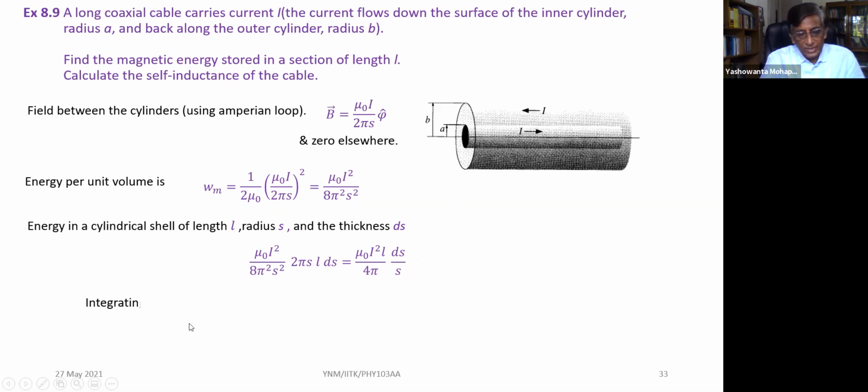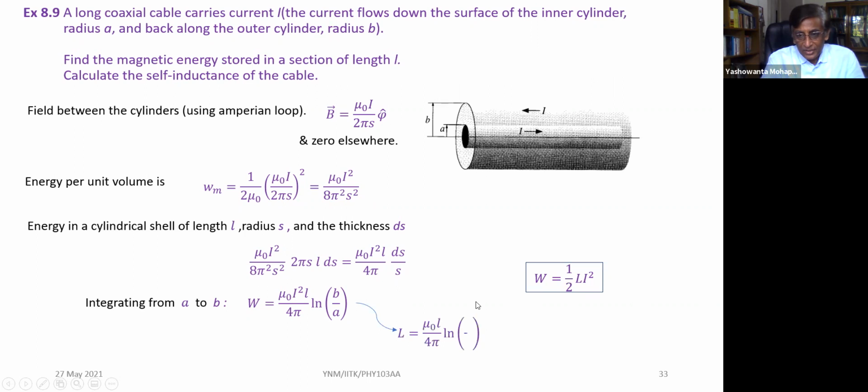Integrating from A to B, I get W is mu naught I squared L by 4 pi, and of course the integral of ds by s from A to B gives me log of B by A. So the total energy stored is in terms of I squared L. But I know that W is equal to half L I squared, and hence I can get L directly from here.